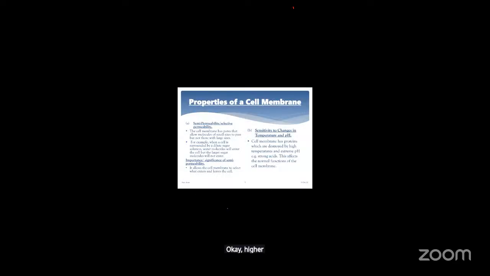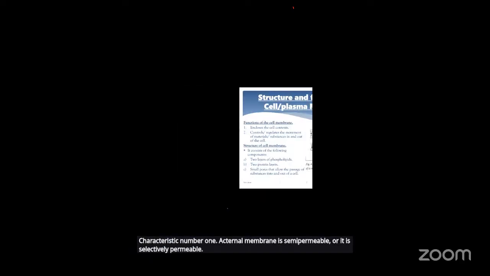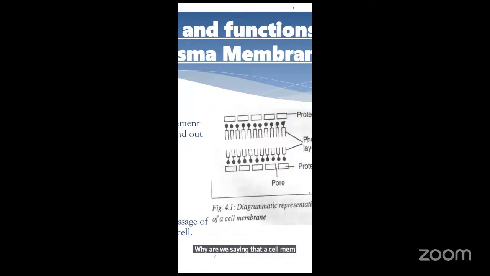Then we can talk about properties of a cell membrane. What affects the cell membrane? Characteristic number one: a cell membrane is semi-permeable, or selectively permeable. Why are we saying that a cell membrane is selectively permeable?